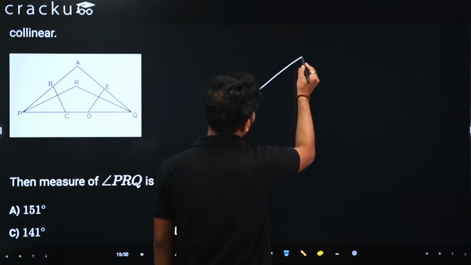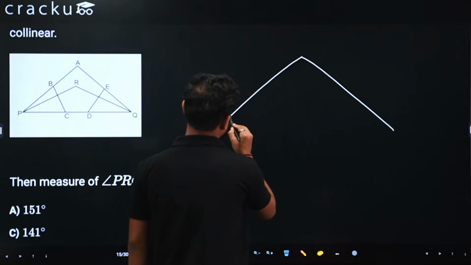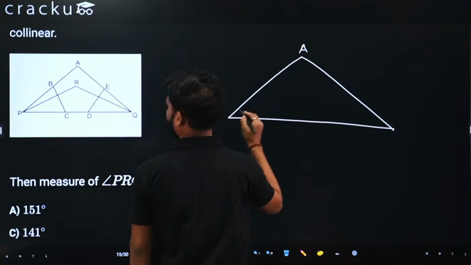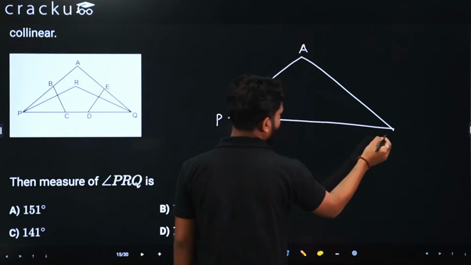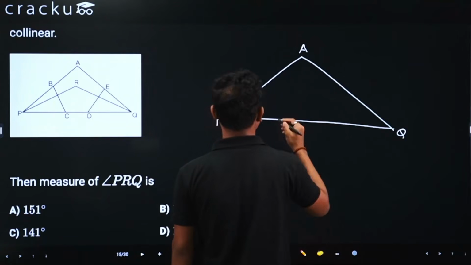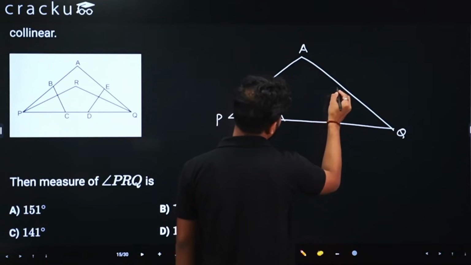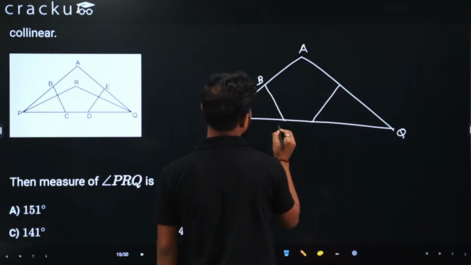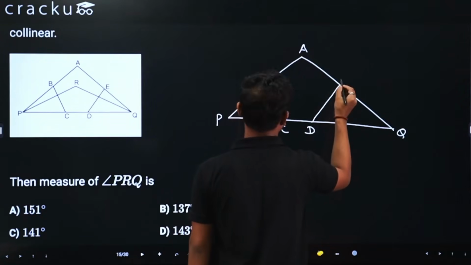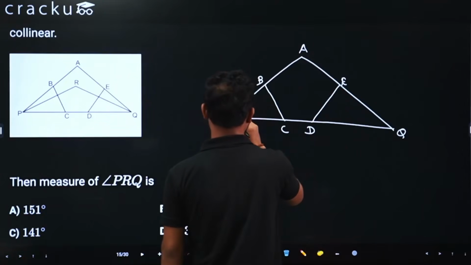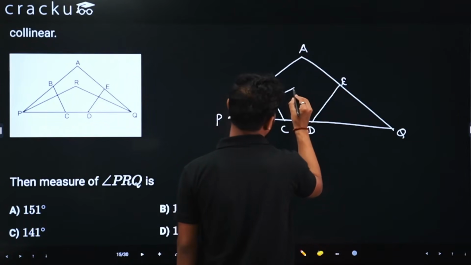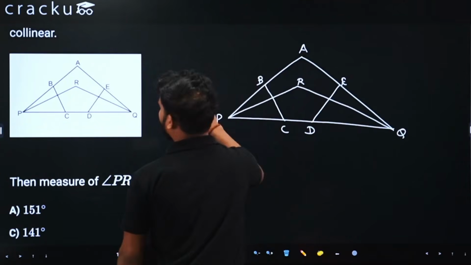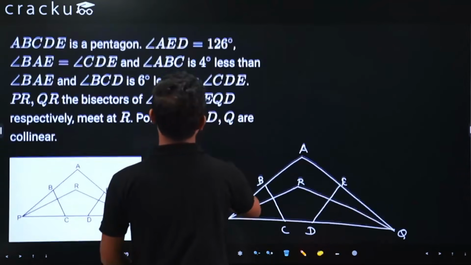I have this triangle, which is A, P, Q. Then I have this pentagon A, B, C, D, E, and these two angle bisectors meet at R. So this is point R. Now what are the measures I have been given?